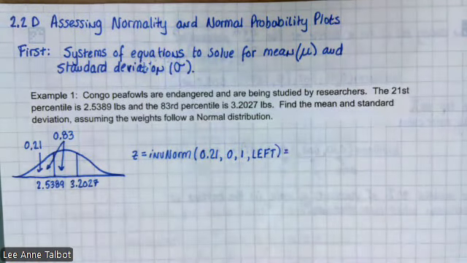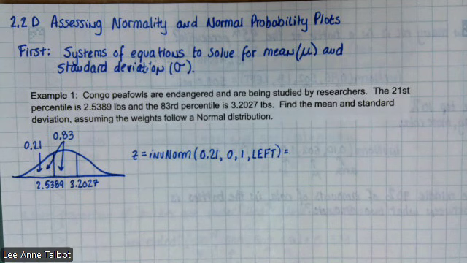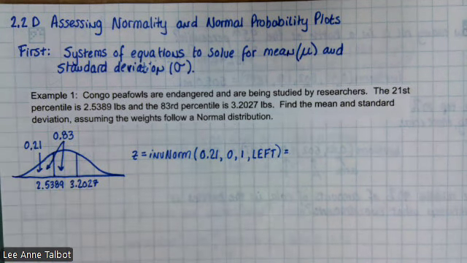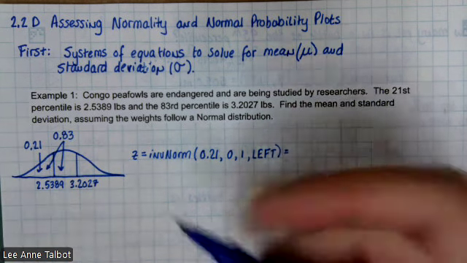Okay, so everybody go on the calculator, practice this. If you have the older style calculator, it's already in left. You don't need to change anything about the tail direction. Compare with your group, make sure you guys get the same thing.